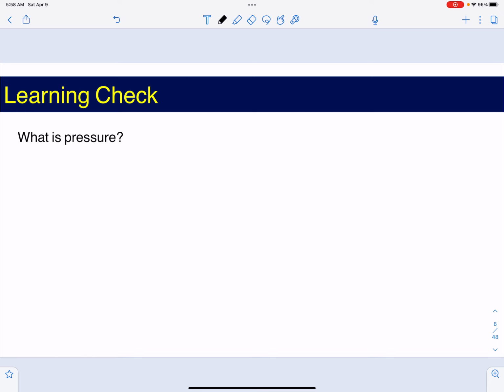We already explained pressure. Pressure is nothing more than a force acting on a surface. And because these particles are moving, they're going to hit a surface with a specific area. So when they hit that, they're going to bounce back, but the force that's going to be felt by that area, that's what we call the pressure.